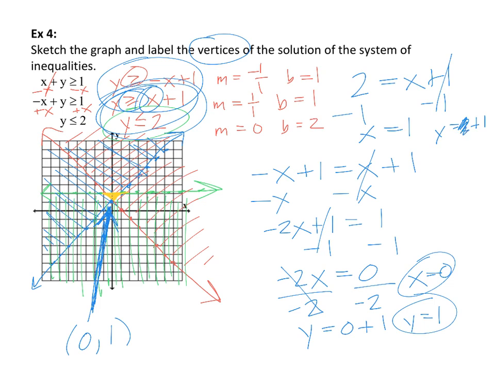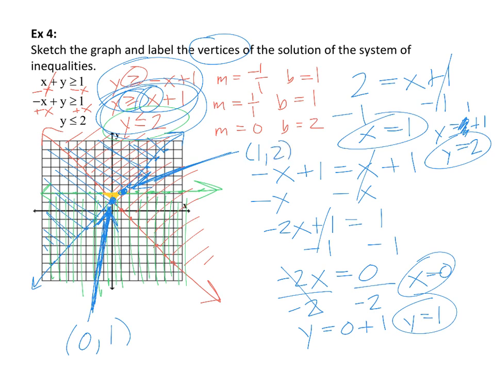Sorry, that's not a 2, that's a 1. So I get y is equal to 2. So that's another one of my points, this point right here, which is (1, 2).